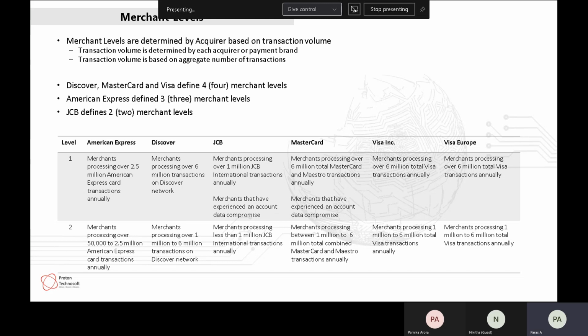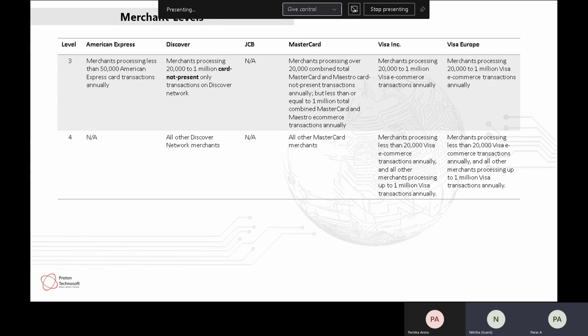So if you look at MasterCard and Visa, they have a very common definition of the merchant levels as well. Right? So this is clear? Yes, yes.